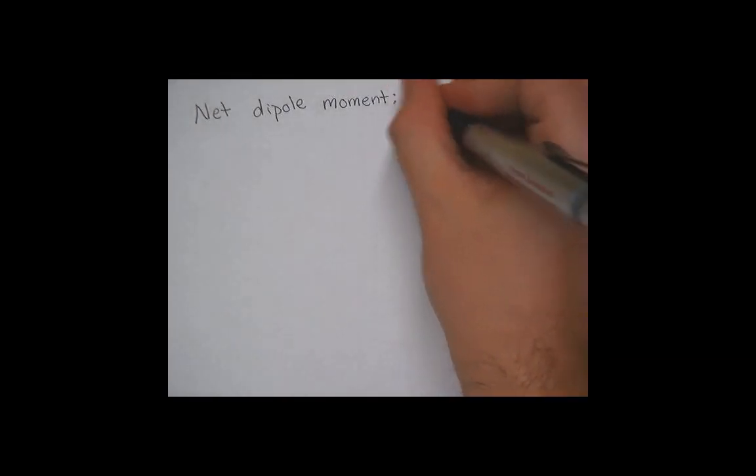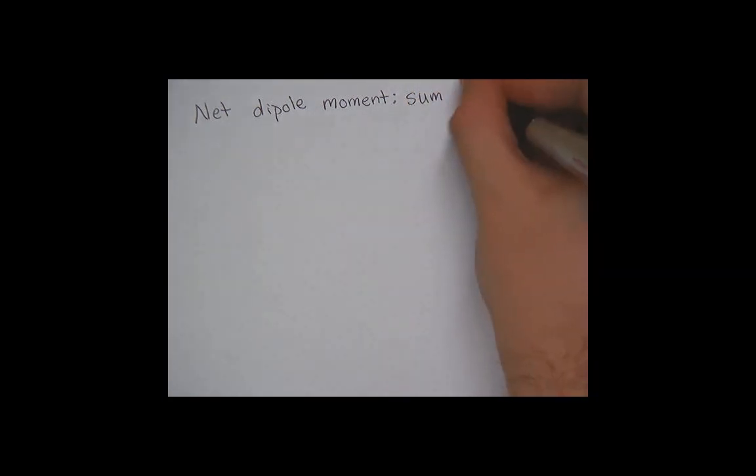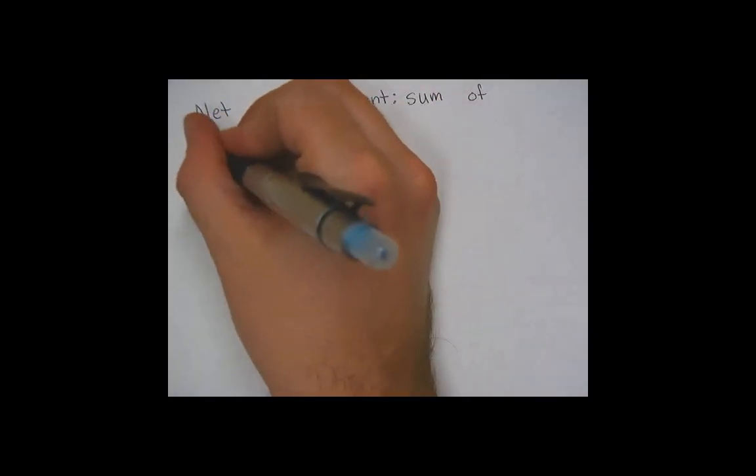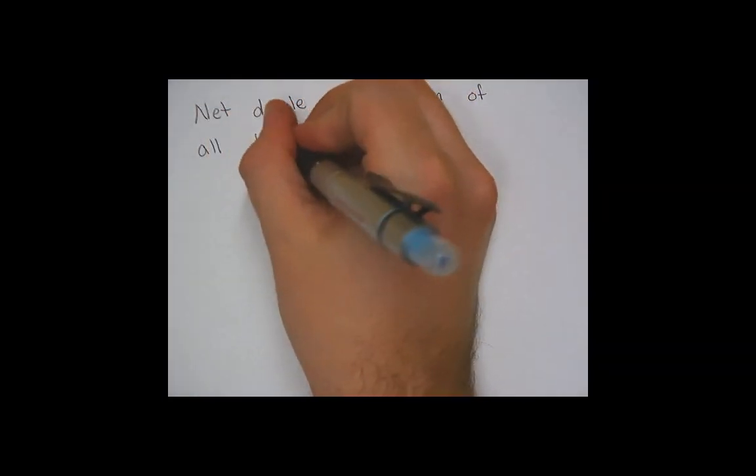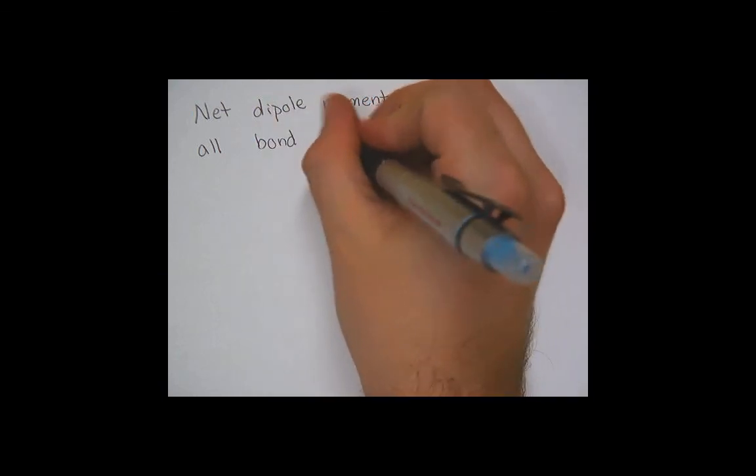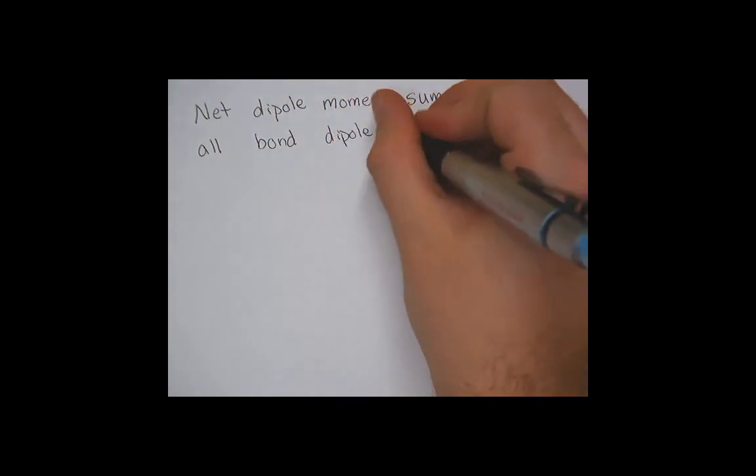And it becomes very important to us whether the molecule is polar or not. So in particular, the net dipole moment is the sum of all bond dipole moments.